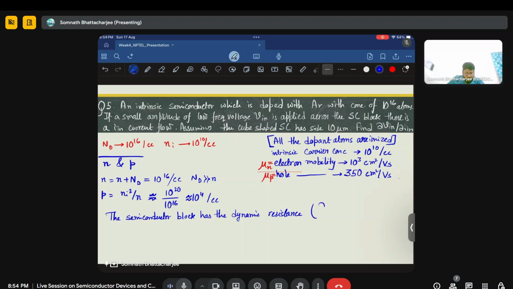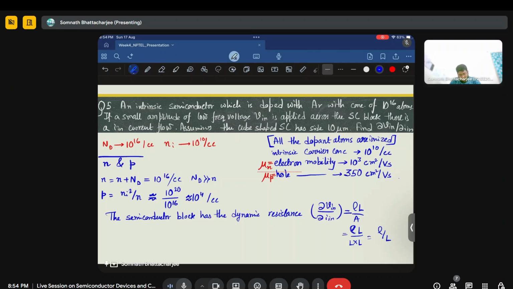So the dynamic resistance is nothing but dV in by dI in, right? So it is nothing but rho L by A. From a cubic block, we have the value of this. Now as this is cubic, the value of A is nothing but L into L, a side squared. So this is the value of rho by L.